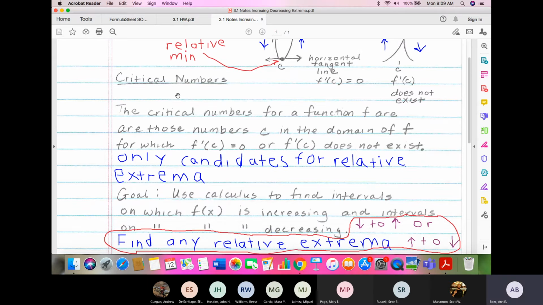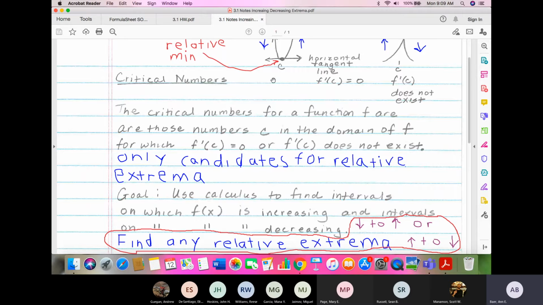So let's talk more about critical numbers. The critical numbers for a function f are those numbers C in the domain of f. Yes, those numbers C, whatever we're talking about here, must be in the domain of the original function.